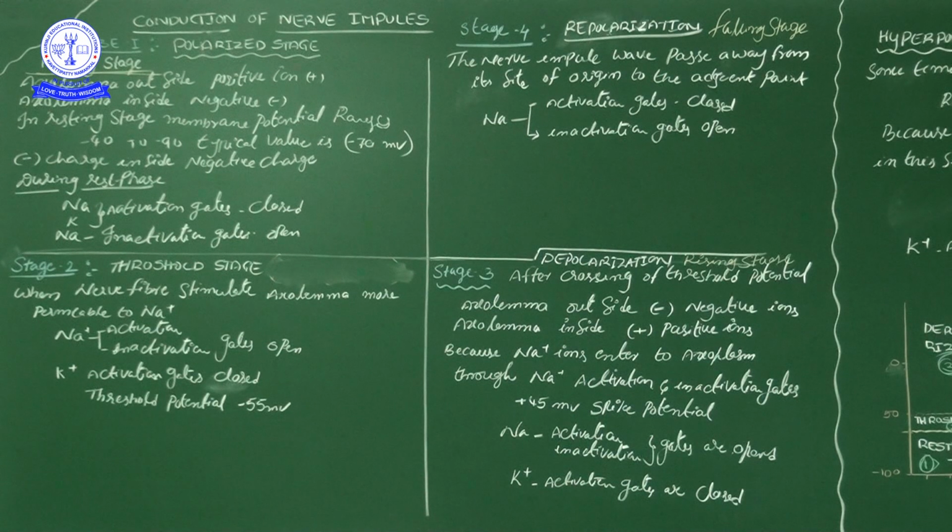Okay, so that is the thing. Then the third step: depolarization. Depolarization means the minus charge inside the axolemma starts reducing very rapidly. Such a stage, depolarization, we can also call the rising stage. Rising stage means the minus charge will become a positive charge.